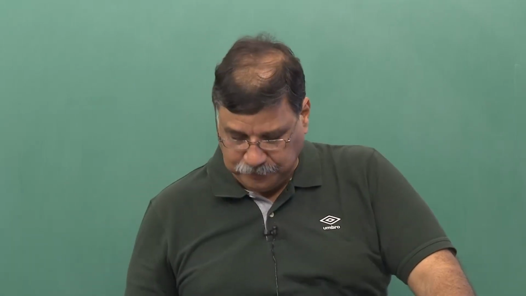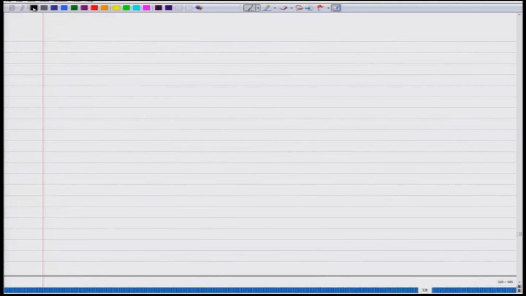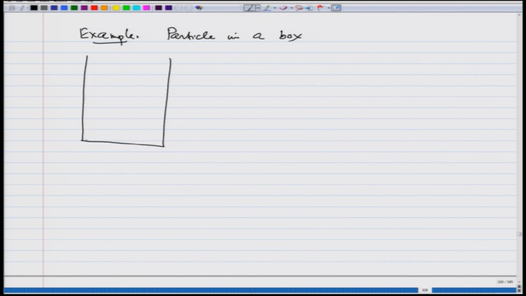So, let us take an example, let us say, particle in a box. In the particle in a box, if you recall, the wave function is this function, the second one is like this, the third one is like this, and so on.